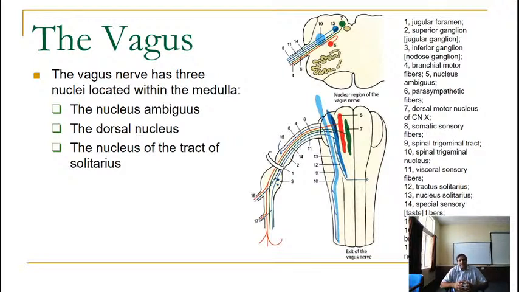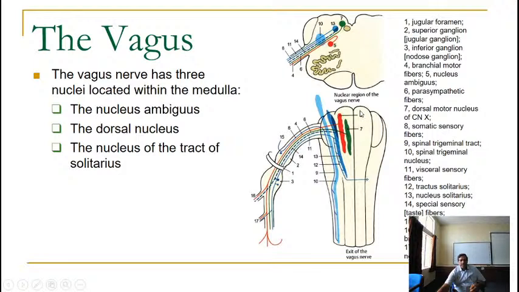Now, the important nerve that we are going to deal with today is the vagus nerve. The vagus nerve has three nuclei. One is the nucleus ambiguus, which here is the red one, and the green one is the dorsal nucleus, and the third one is the tractus solitarius.